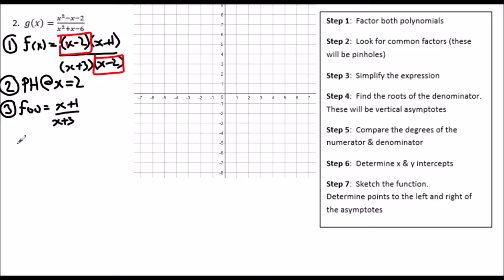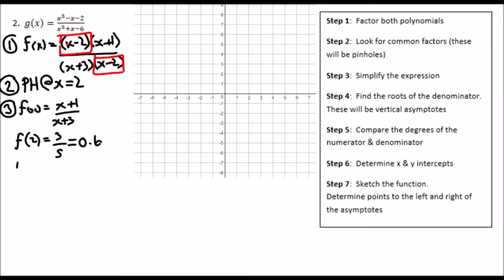I now want to plug in the pinhole value, so f at 2 is equal to 3 over 5. Again, 2 plus 1 is 3, 2 plus 3 is 5, so that's equal to, I'm going to go decimal here just so that I've got a y value to plot, 0.6.